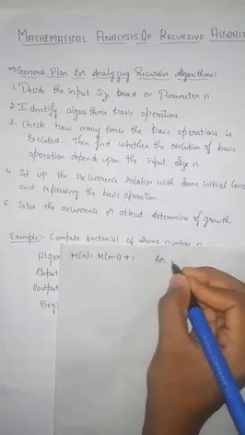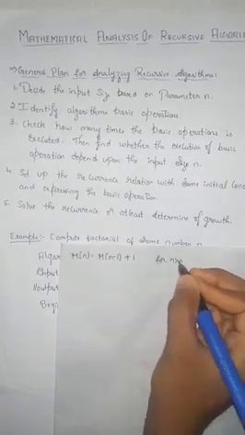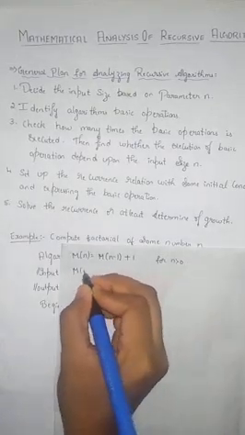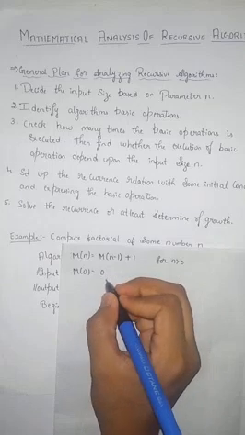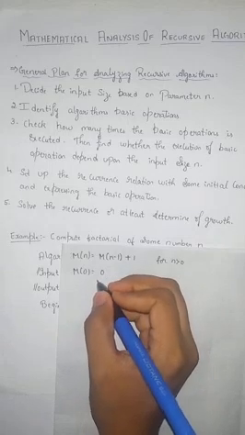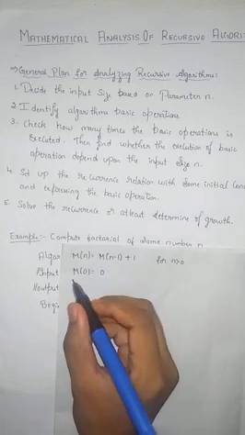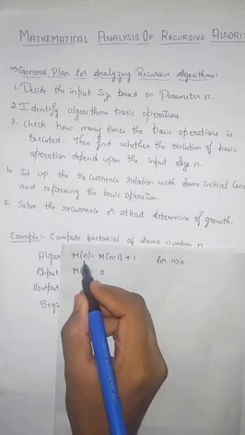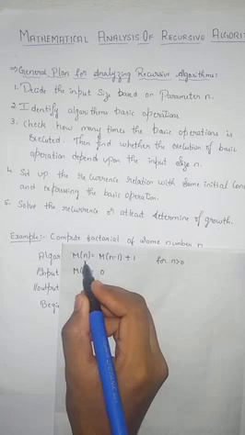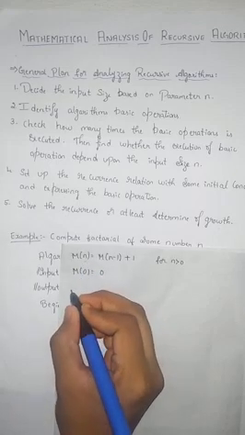This condition is for n greater than 0. Next, let us consider m of 0, which is equal to 0, where there is no multiplication when n is equal to 0. Next, to find the explicit formula for m of n in terms of n only, we use the method of backward substitution.